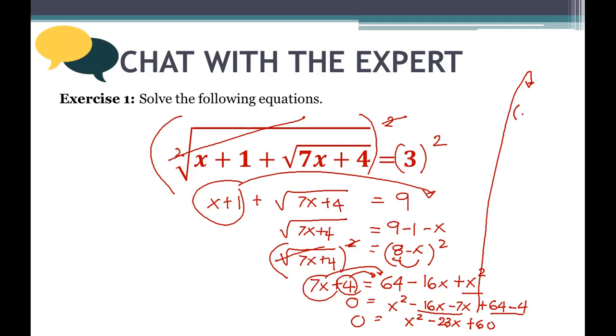That is x minus 20 times x minus 3. So our answers can be 20 and can be 3. But if you will substitute it, you'll realize that 20 is not a solution, while 3 is a solution. So the final answer is x is equal to 3. Do you have questions?